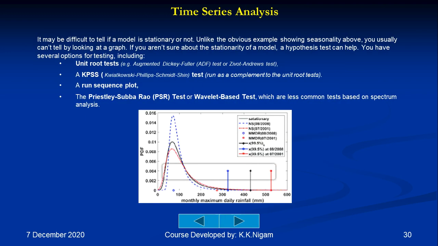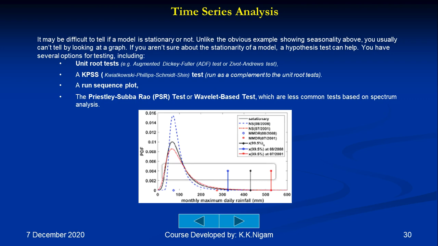Now, it may be difficult to tell if a model is stationary or not. Unlike the obvious example showing seasonality above, you usually can't tell by looking at a graph if you aren't sure about the stationarity of a model. A hypothesis test can help. You have several options for testing, including the unit root test, augmented Dickey-Fuller test, or Zivot-Andrews test.